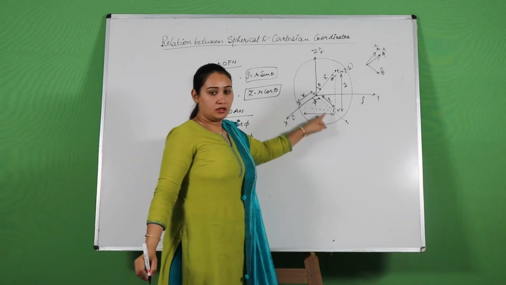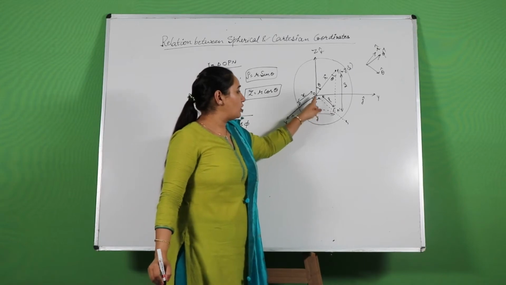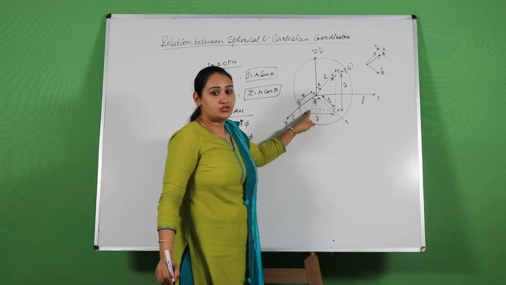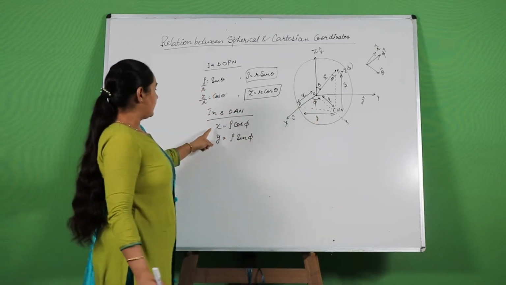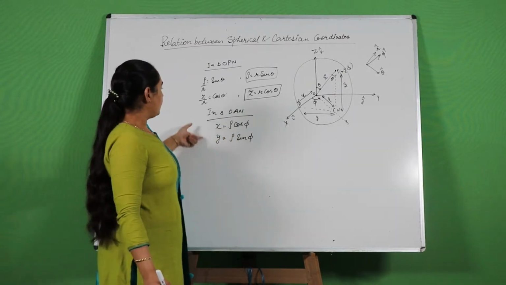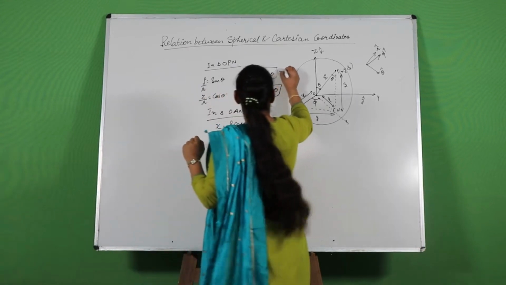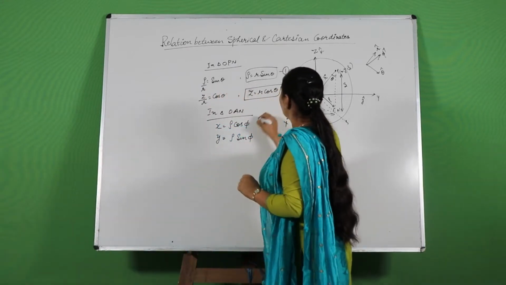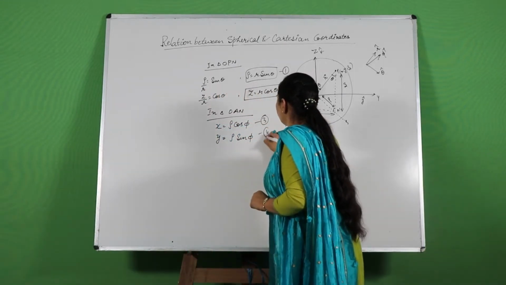From this triangle, since the line opposite to the angle shows the perpendicular, x is equal to rho cos phi and y is equal to rho sin phi. Now we will put this value. Let this equation be 1, this is 2, this is 3 and this is 4.